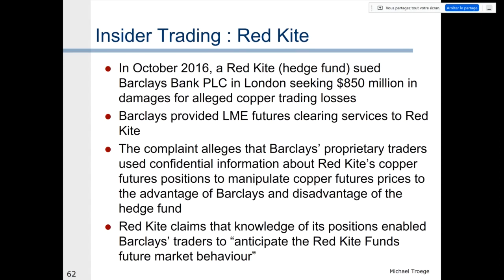This is called front running, and this leads to high profits for the broker, because he will be able to sell at a higher price to the hedge fund. Normally it's of course forbidden because it's insider trading, because the broker has information about future price movements and he's not supposed to use this.